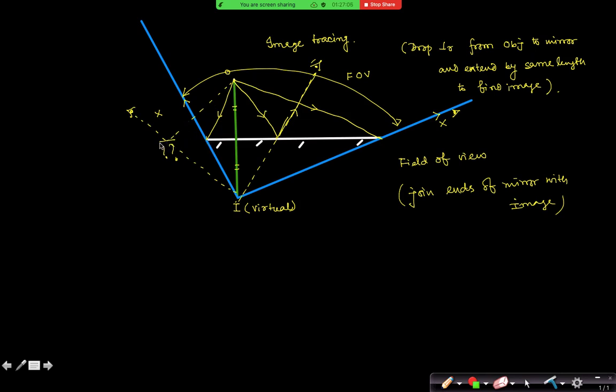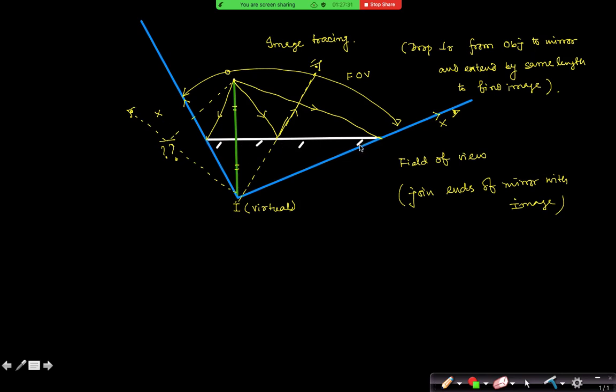So can you explain this part again? Field of view. Yes, sir. If this is the object and this is the image, where from you can see the image of the object, that is the field of view. If your eye is here, you can see the image because there is a ray from the object that is reflected from the mirror and comes back to your eye.